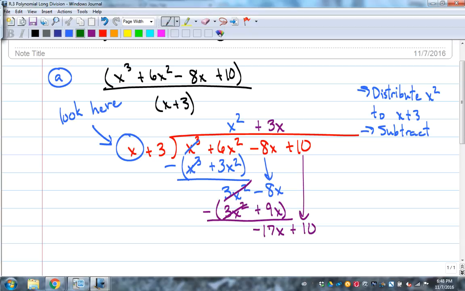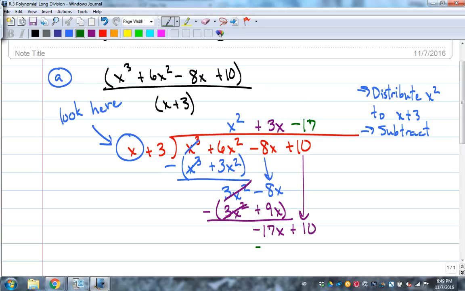Then I look at that place again, at the x. What times x gets me negative 17x? Negative 17. So that's what goes up top. What do I do with that negative 17 now? Distribute it to the x plus 3.